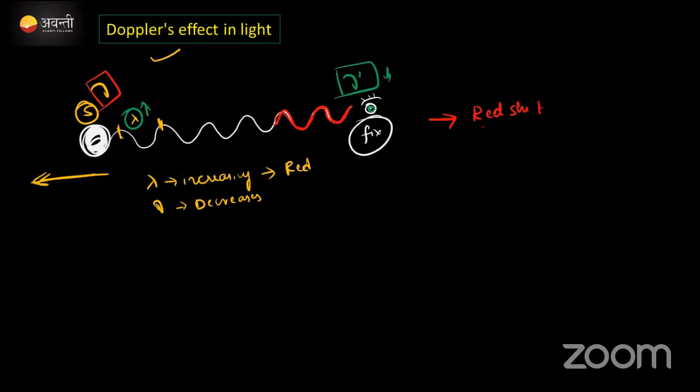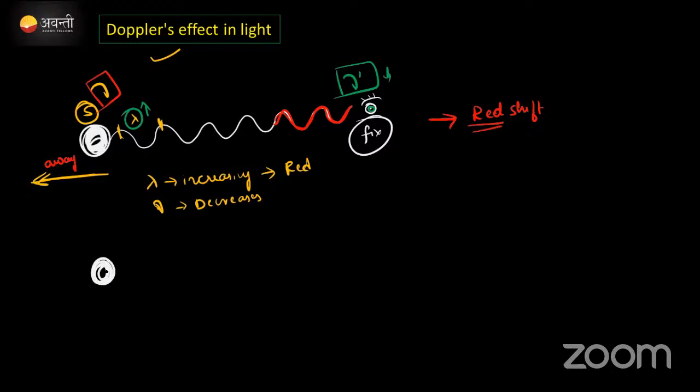Red shift बोलते हैं इसको. कब बोलते हैं red shift? It means the source of light is moving away from the person, or else the person is moving away from the source of light, right? We call it red shift. Correct now.